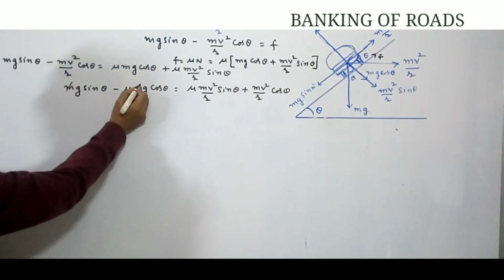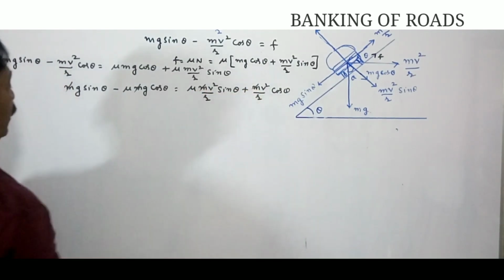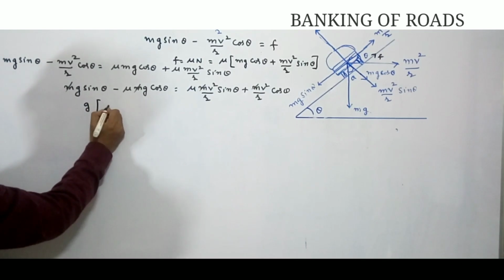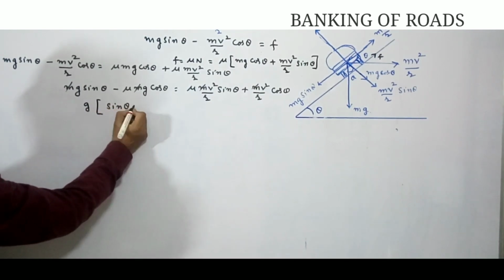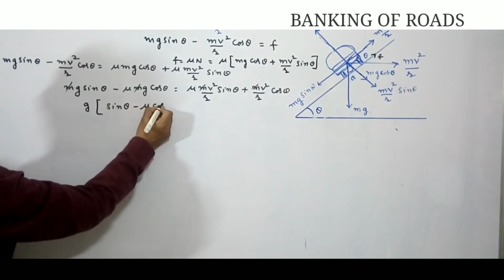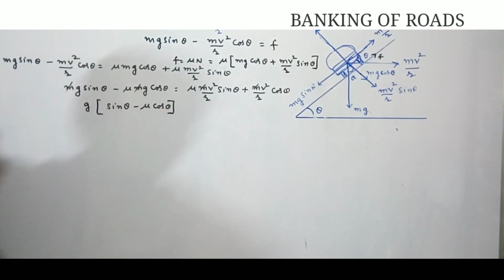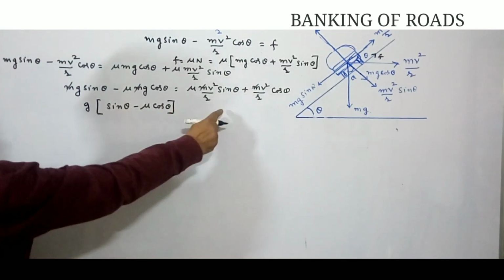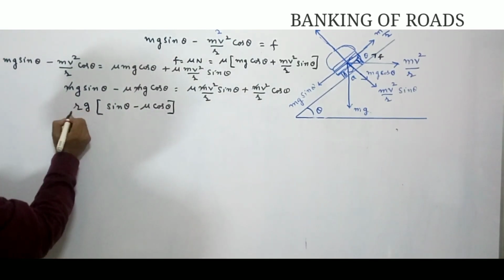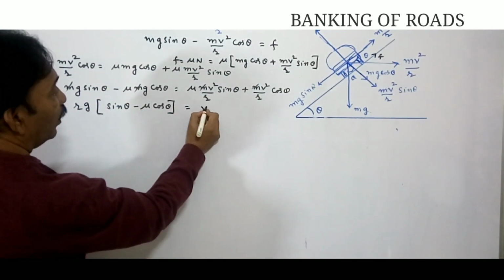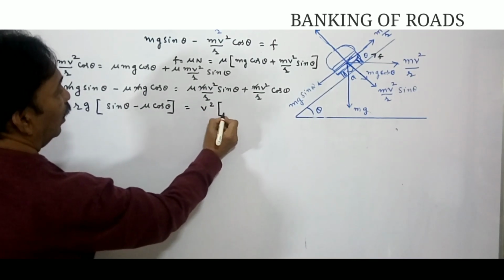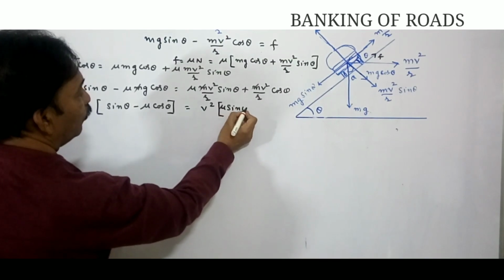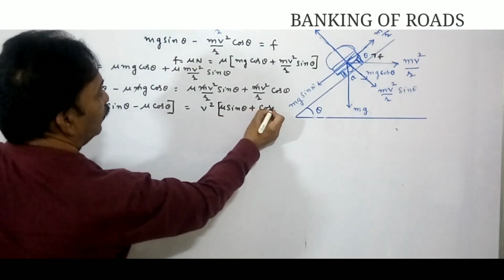Here all the m's get cancelled, and what we get? g of sin theta minus mu cos theta is equal to, bringing the r here, v square by rg of mu sin theta plus cos theta.